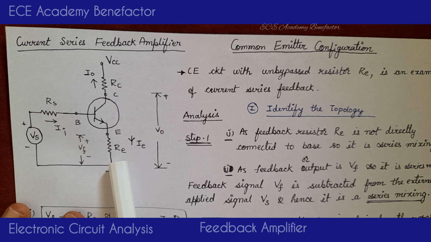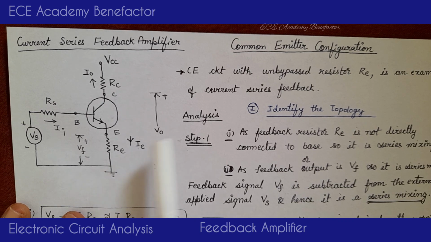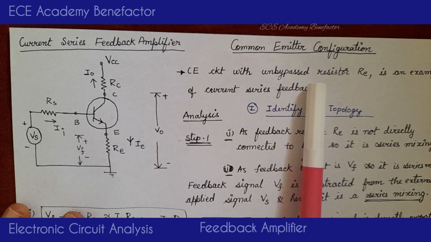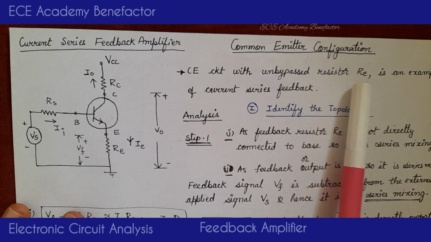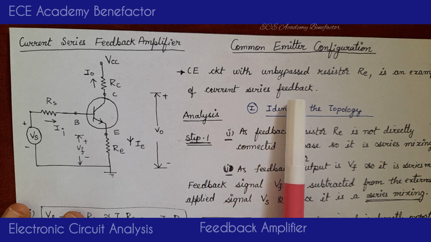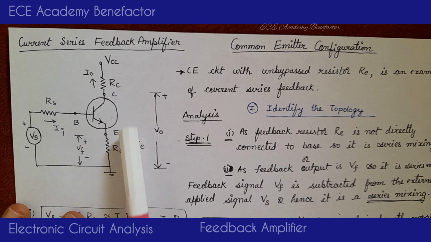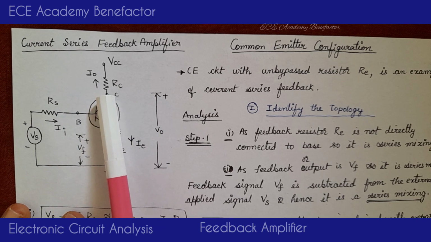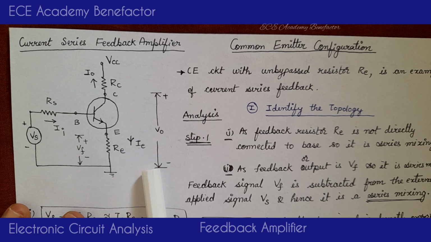And there is an unbypassed resistor RE, so it is a CE circuit with unbypassed resistor RE. This is an example of a current series feedback amplifier, because the output is taken at the collector terminal with respect to ground.